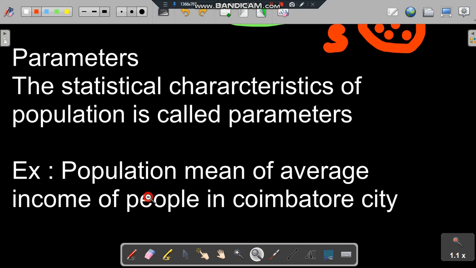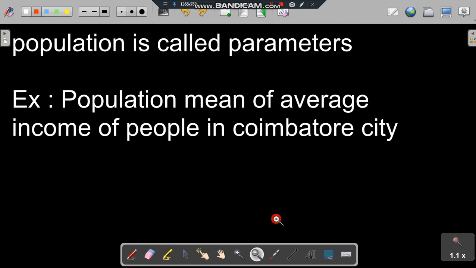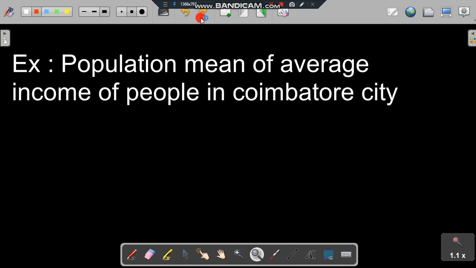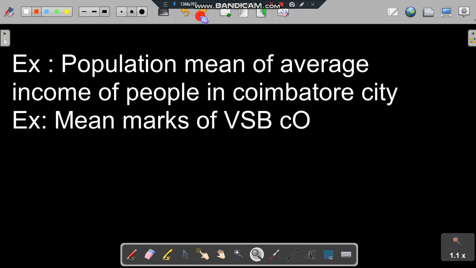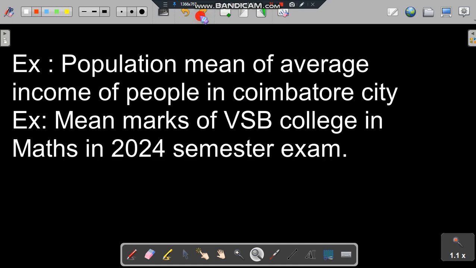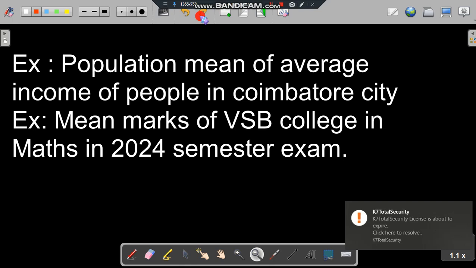So a parameter is a characteristic of the population, and here mean or average income is one of the characteristics of the population. That is called a parameter. I can give another example: mean marks of VSB college in maths in the 2024 semester examination. What is the meaning of that?